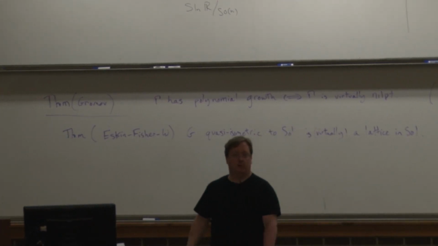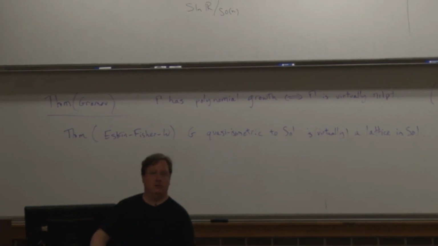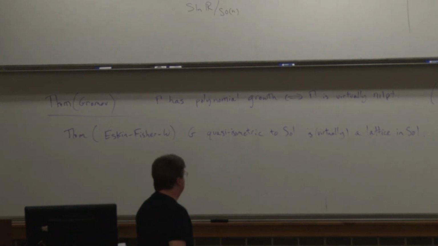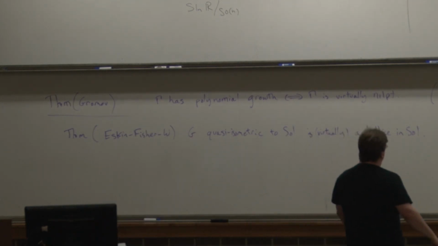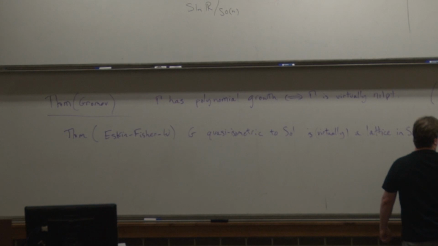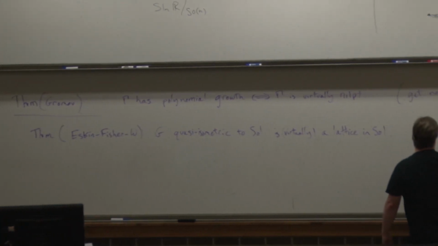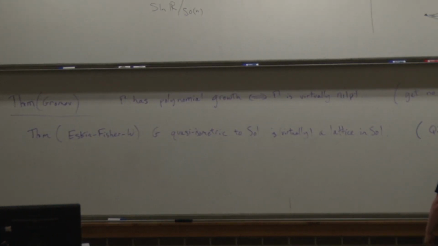Anything quasi-isometric to Sol basically is a lattice Sol. And in fact, it manages to be true here that the QI group of Sol is somewhat understandable.